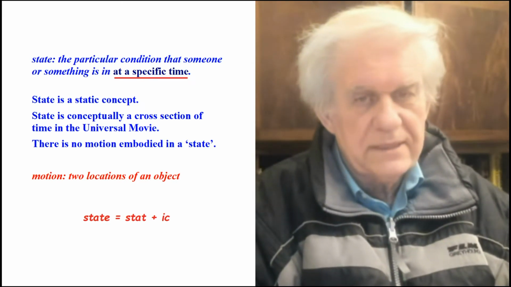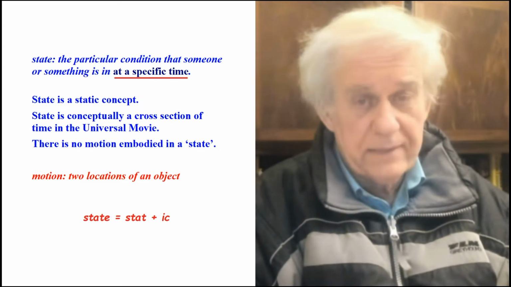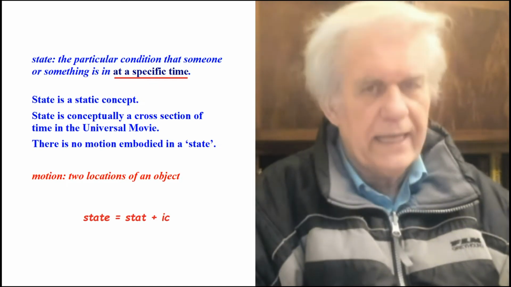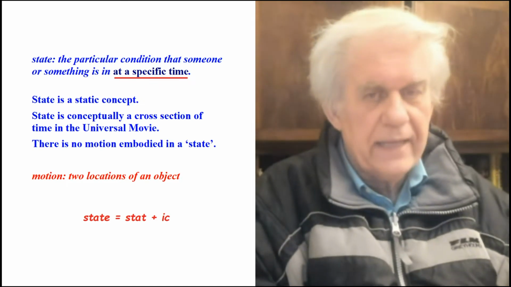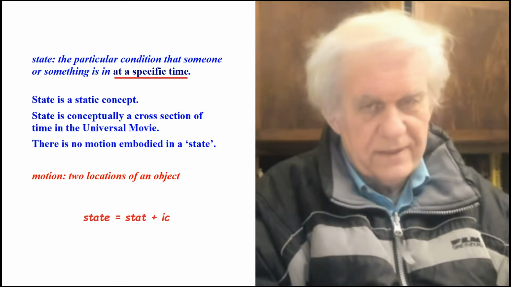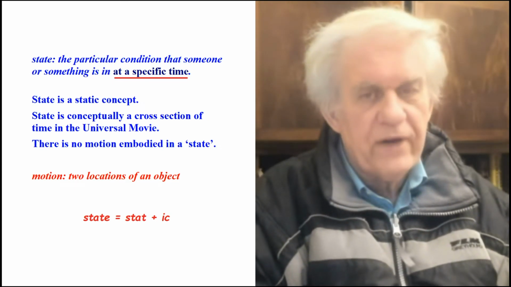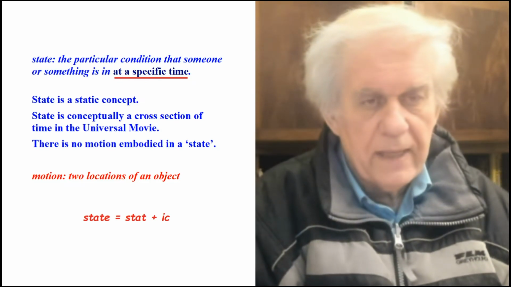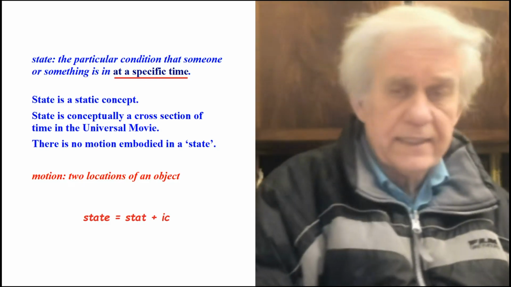Solid is a state. Liquid is a state. And gas is a state. Plasma is not a state because it's not at a specific time. It needs an interval of time. It needs at least 2 frames in a Universal movie to conceptualize plasma. And state is a static concept.